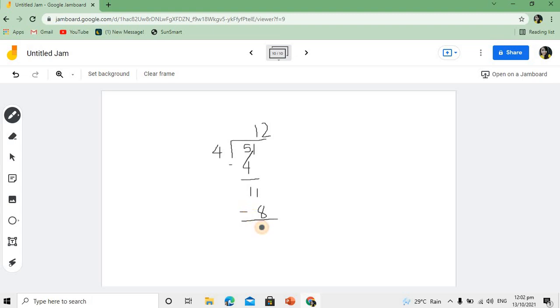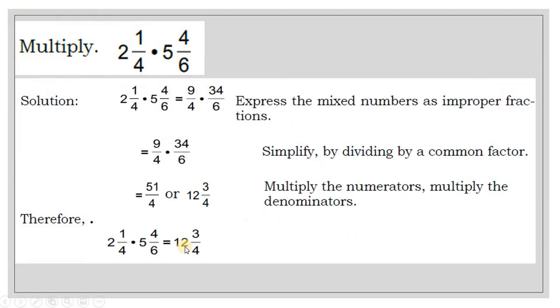So, dito nakuha yung mixed fraction natin. 12 and 3/4. So, isusulat natin siya. Yung whole number will be the quotient. Diba? Yung remainder natin, yun yung magiging numerator. And then, of course, yung divisor, yun ngayon ang magiging denominator. So, 12 and 3/4. Ito ngayon yung final answer natin.